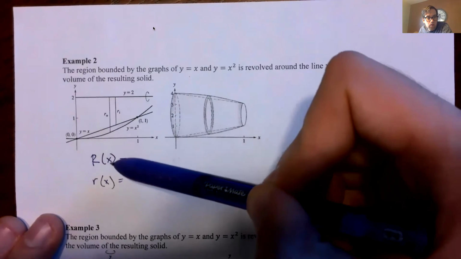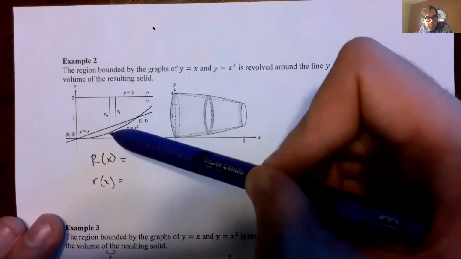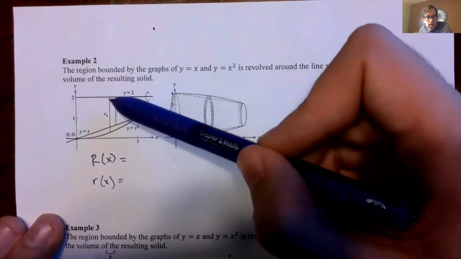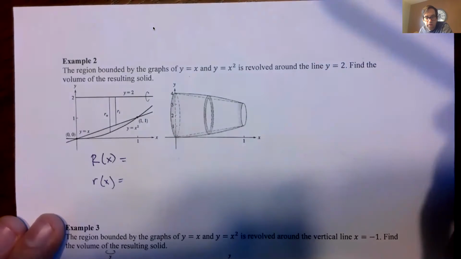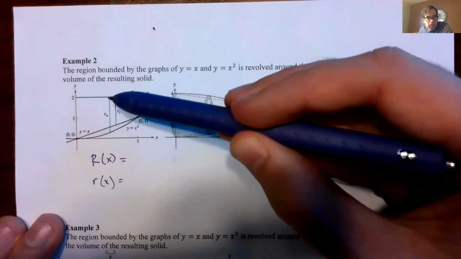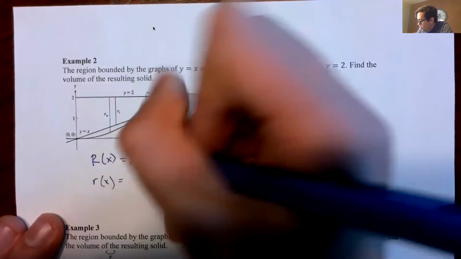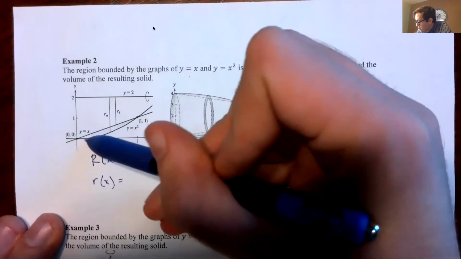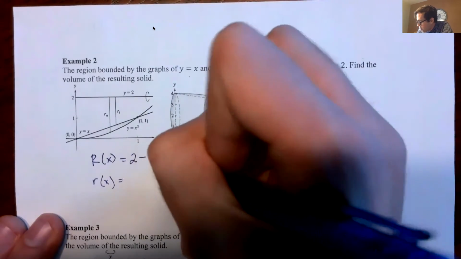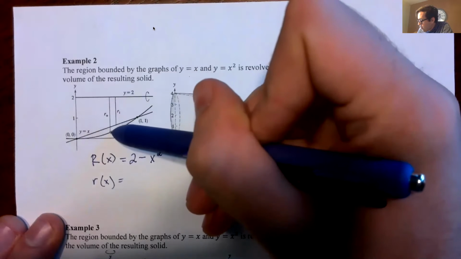So we've got to be able to write an expression that represents that space. And think about this like our upper curve minus our lower curve when we find the area between two curves. And so the upper bound is just the line y equals 2. The lower bound is this curve, which has a formula y equals x squared. So that is giving us our outer radius.